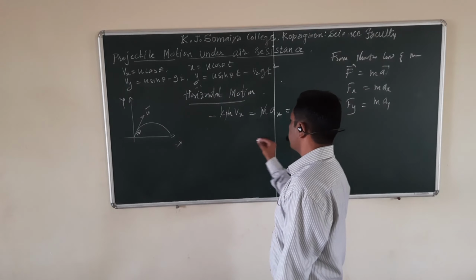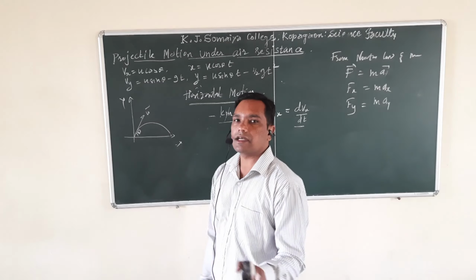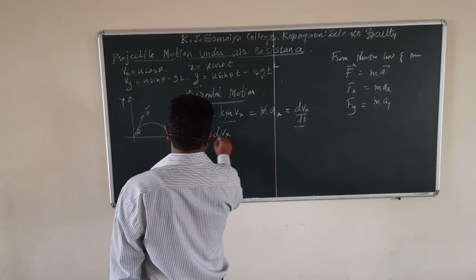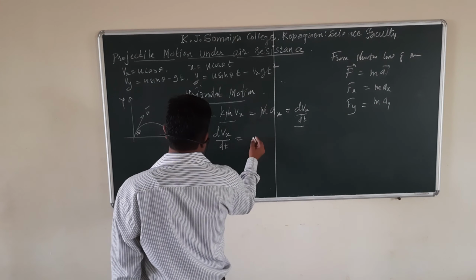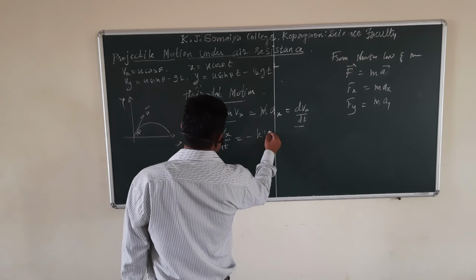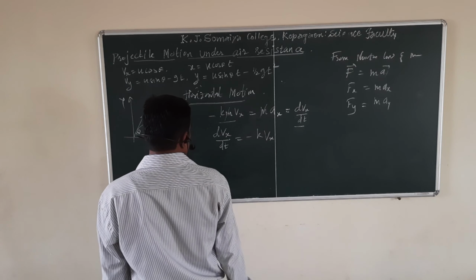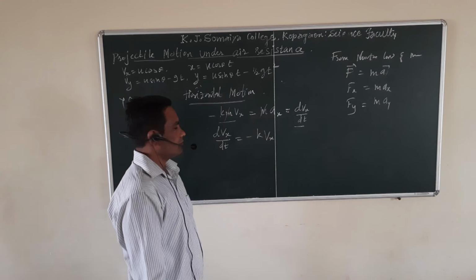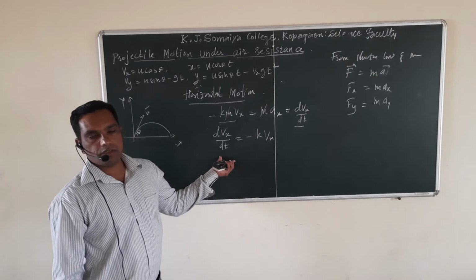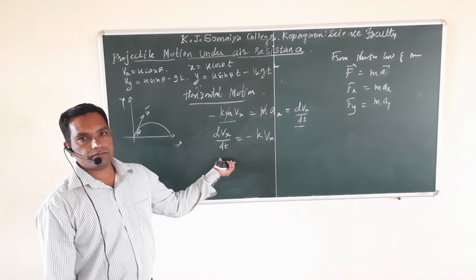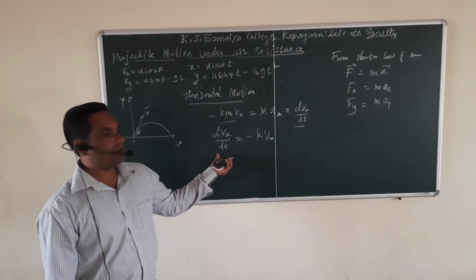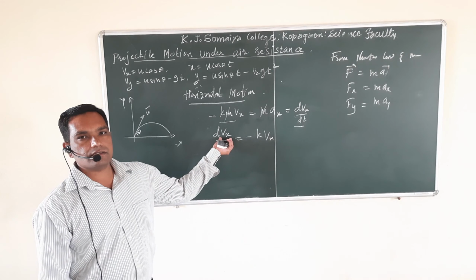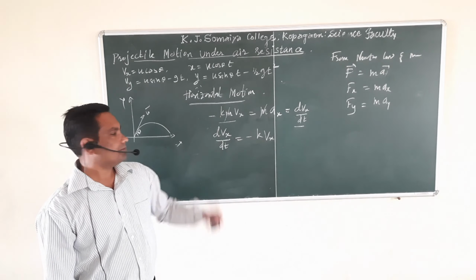Our next goal is to get the instantaneous x component of velocity: dvx upon dt is equal to minus k into vx. This is again a linear homogeneous first order differential equation. By solving it, we get the equation for Vx, the instantaneous x component of velocity.